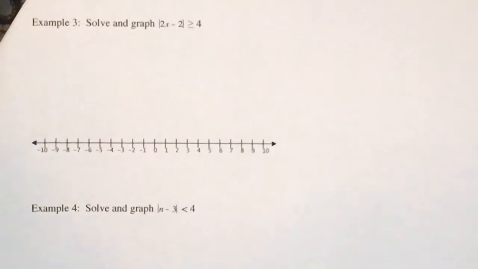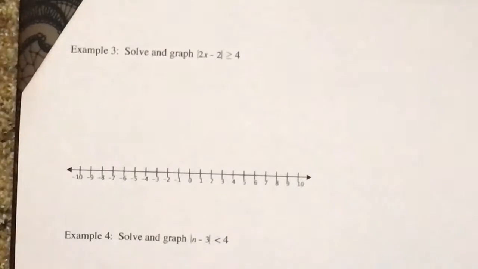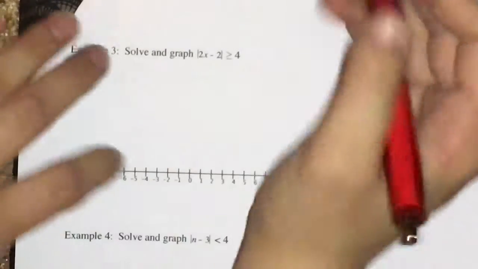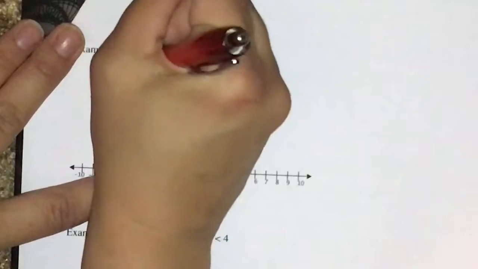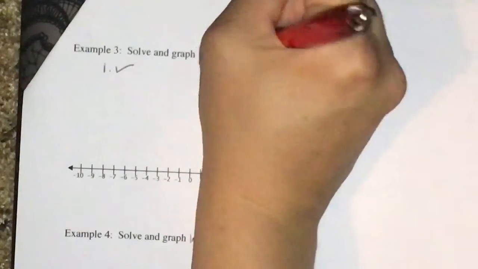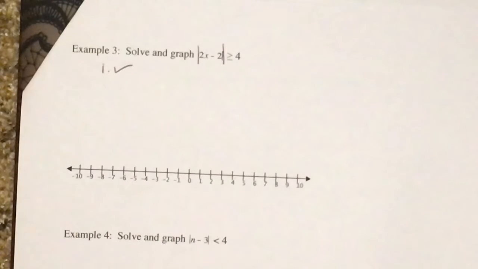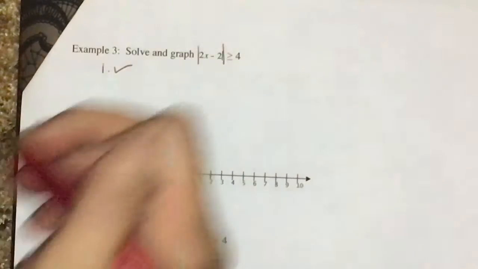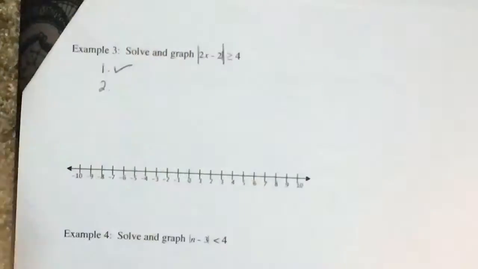example number 3. It says solve and graph. Well, step 1 is to isolate the absolute value symbols, which looks like is done. The absolute value symbols are isolated. Nothing is being multiplied or added or divided or subtracted on the outside of those symbols. Step 2, set up our two different inequalities.